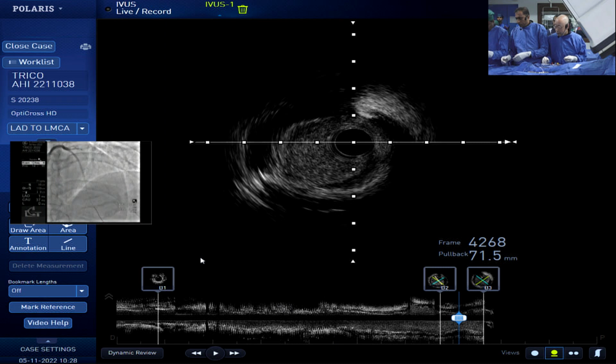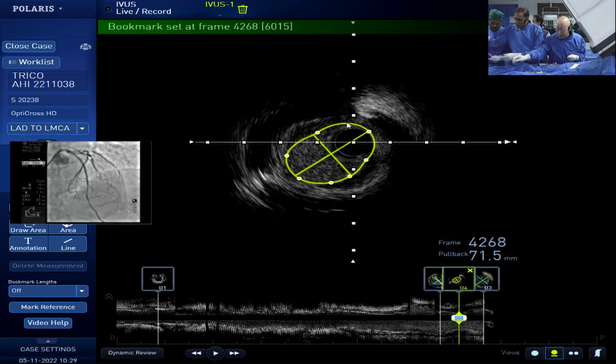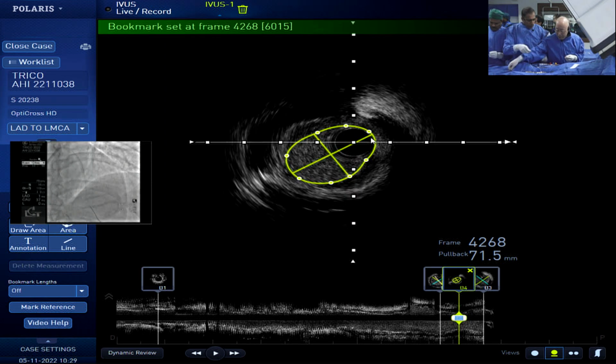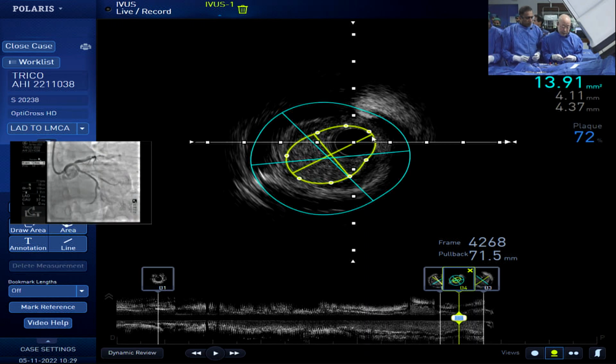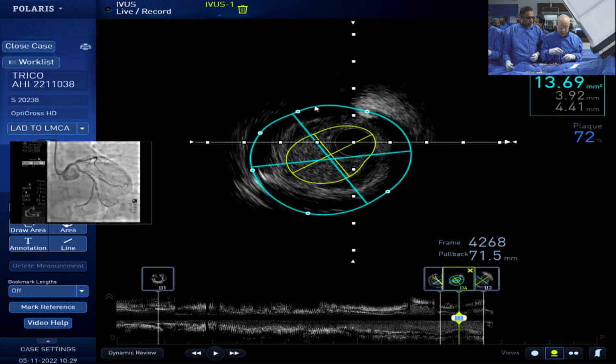Yes, just distal to the bifurcation. The area is 3.8 square millimeter, right? Yep. The MLD is 1.85, right?